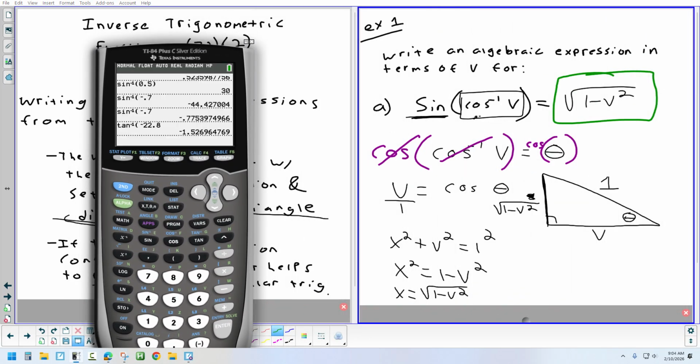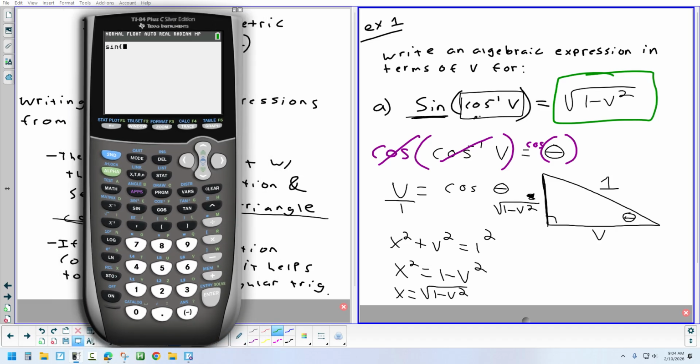Now, when I pick a number for v, it has to be in the domain of inverse cosine. So what is the restriction for the domain of inverse cosine? -1 to 1. So I'm going to pick a random number. Let's do 0.37. Something between -1 and 1.